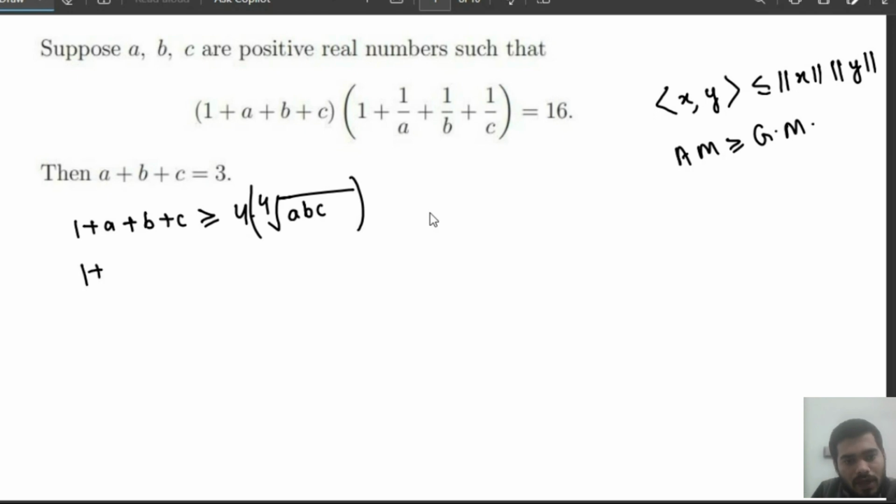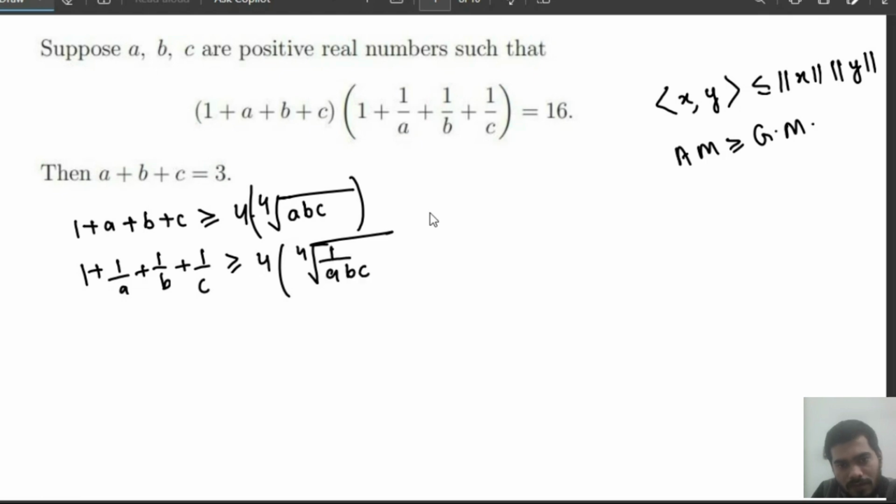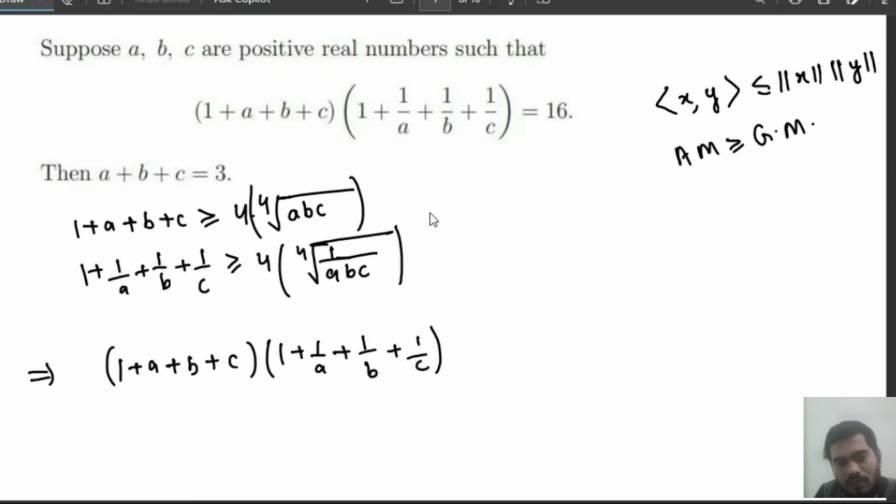And 1 plus, again, is greater than or equal to 4 times the fourth root of 1 over a times b times c. Now what is happening? This then implies, correct?